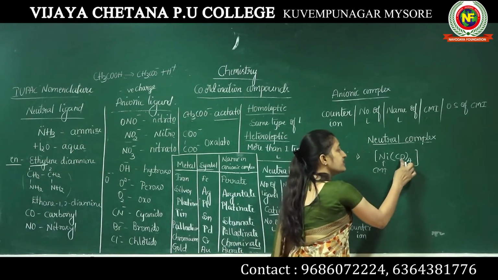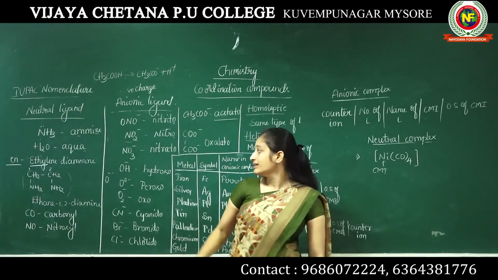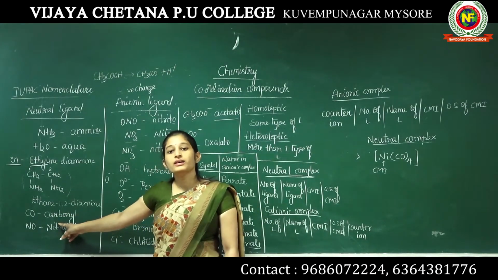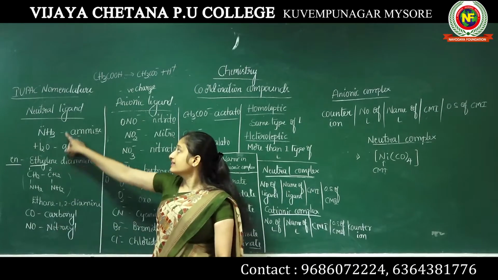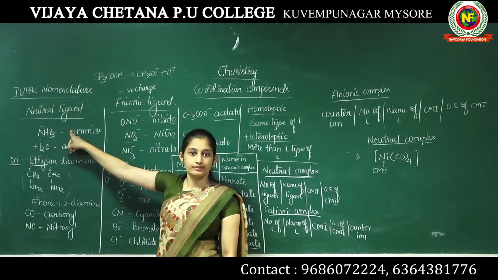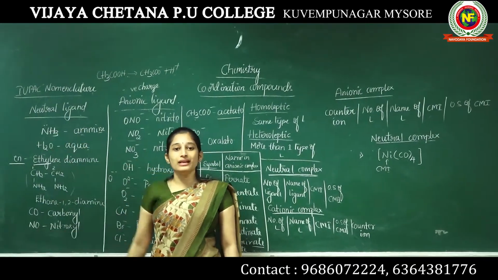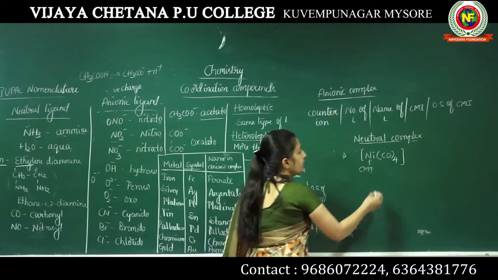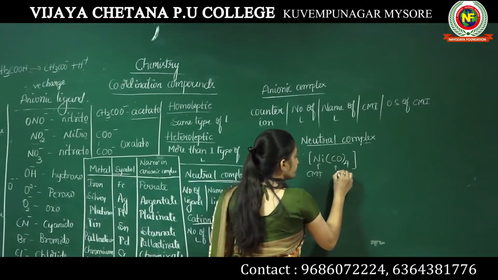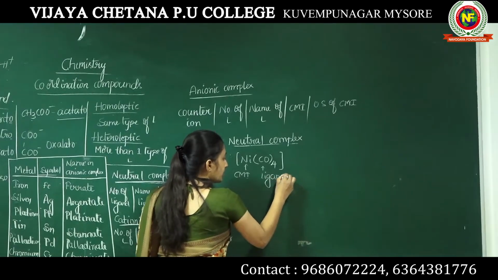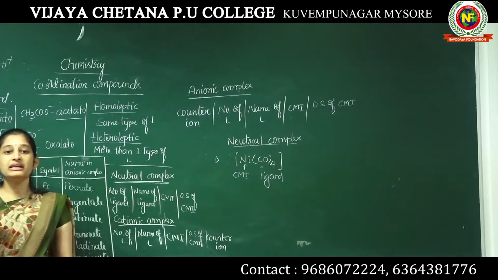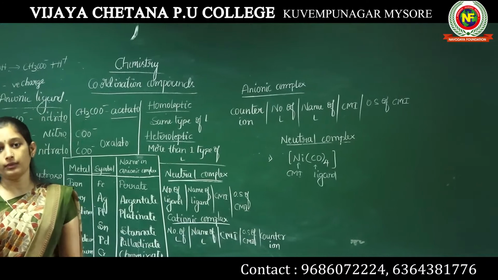And what about this CO? CO means carbonyl. This is an example of a ligand. What type of ligand? A neutral ligand. In a complex, you should know which is the metal and which is the ligand.